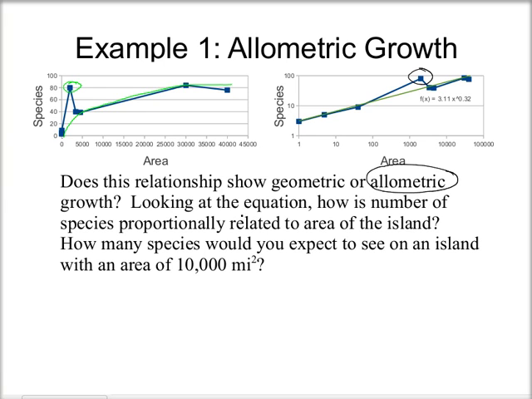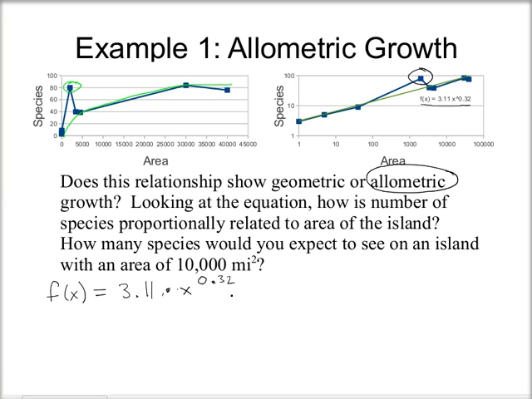So looking at the equation, how is the number of species proportionally related to the area of the island? I've got an equation for this line here. I'm going to rewrite it so you can see it better. It's kind of small there. f of x, which is the number of species, is equal to 3.11 times x, where x is the area of the island, to the power 0.32.